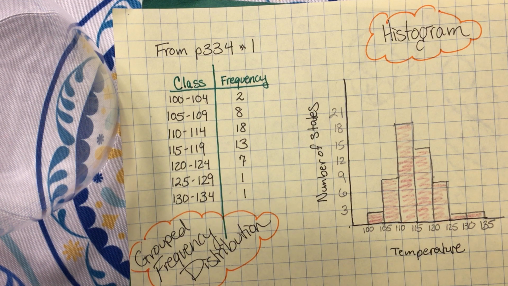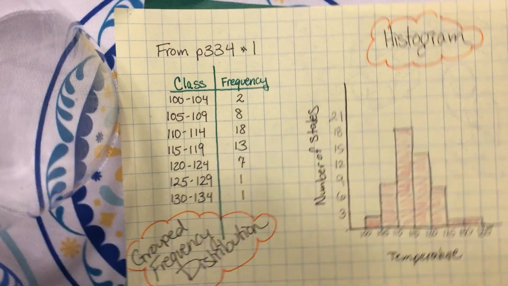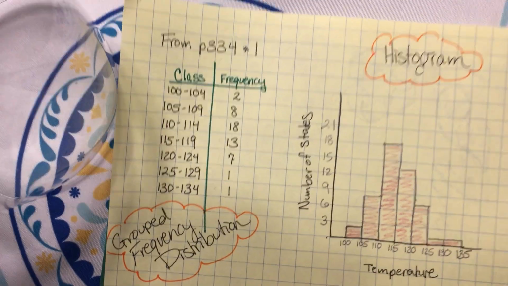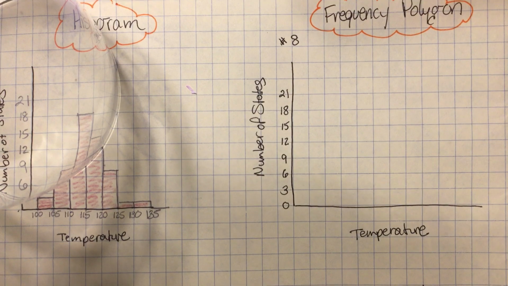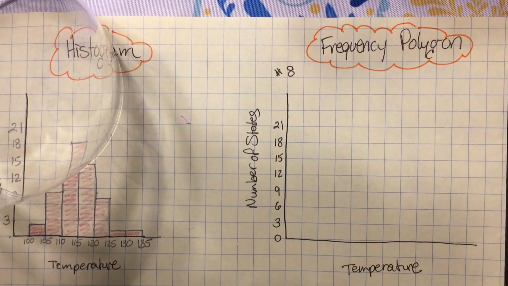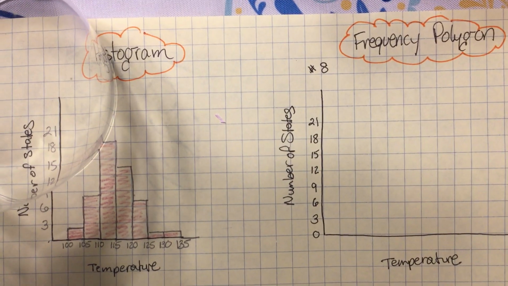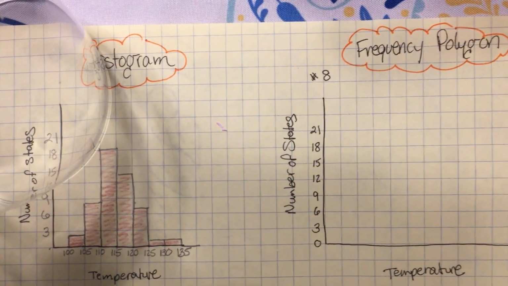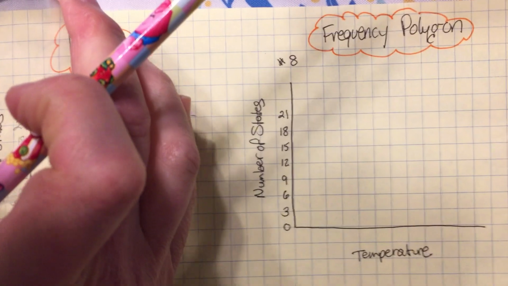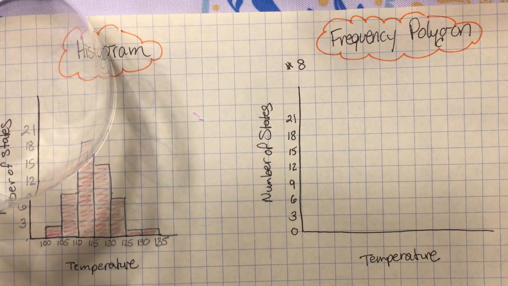Now, we want to be able to do a frequency polygon, which is number 8. Let me move my super high-tech camera holder here. Okay. Oh, that's not good balance. Okay.